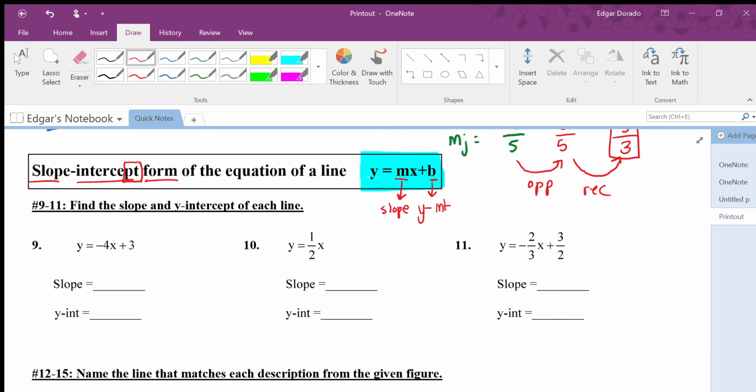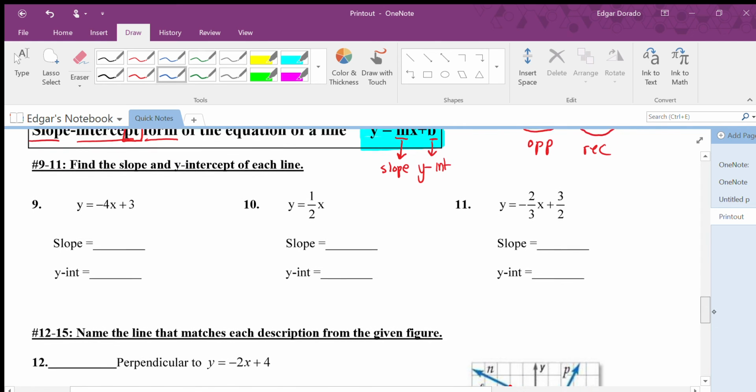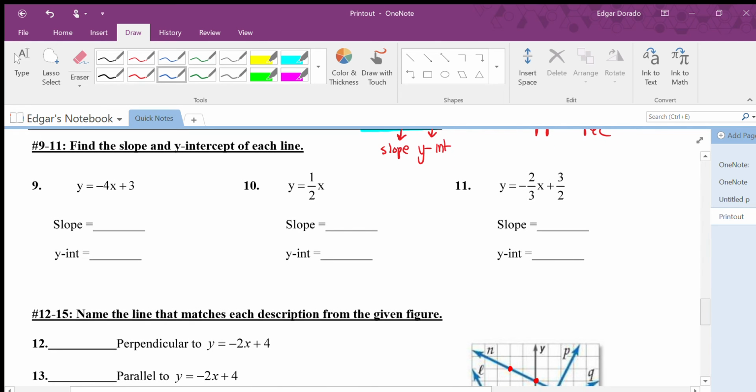Okay, so let's go ahead and look at a few of these, and then I'm going to have you try a few on your own. All right, what is my slope on 9 through 11? Let's see. y equals mx plus b. So my slope must be -4 or -4/1, whichever one you want to write.